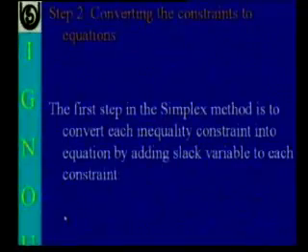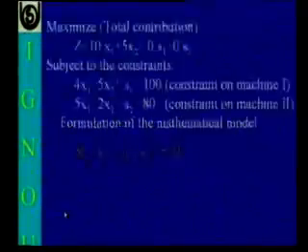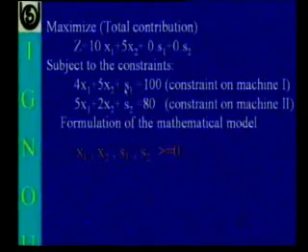Now the second step is to convert the inequalities into equations. We will add the slack variables. Here we have added the slack variable S1 for the constraint for machine 1, and we added the slack variable S2 for machine 2. Similarly, we add them with 0 coefficient in the objective function. This is our non-negativity constraint.